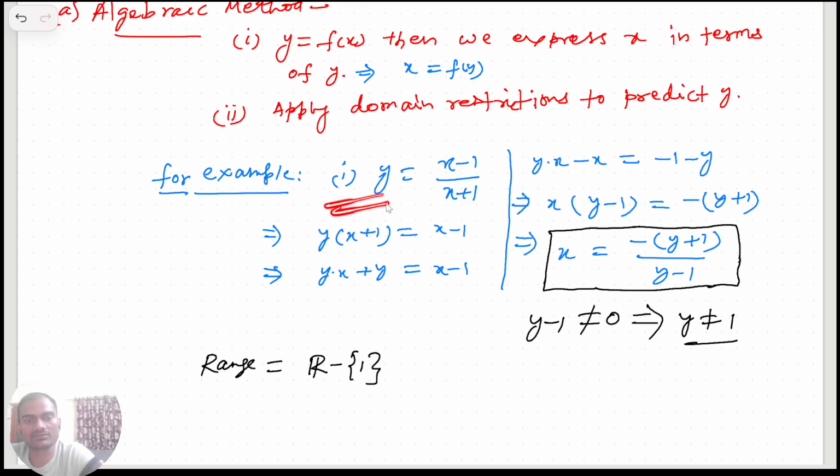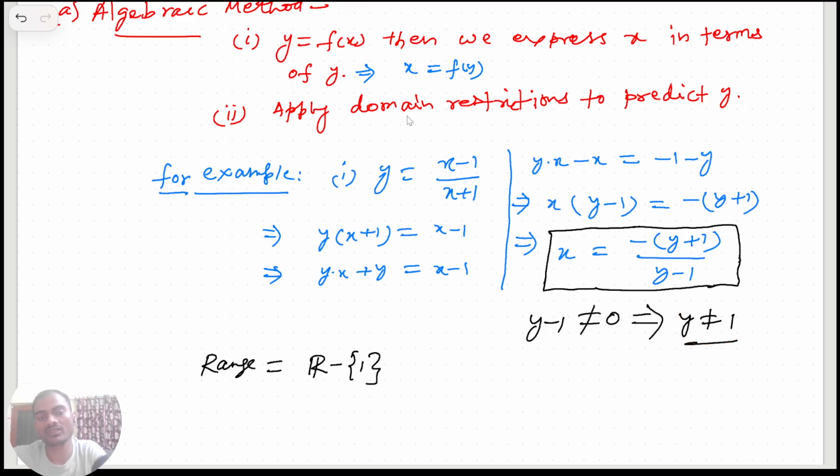Now, if you forget this y equal to x minus 1 by x plus 1 for a moment, then for this function, y is the domain, y is input, right? Now, for this input, restriction is that denominator cannot be 0. So y minus 1 cannot be 0, which will give us y cannot be 1.